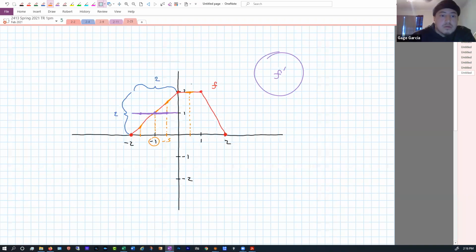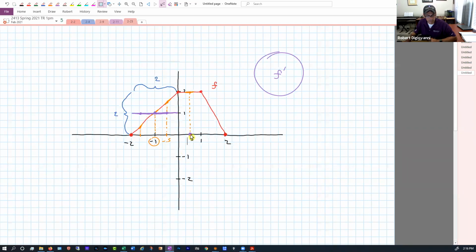Okay, what is the slope of a flat line? Just that number it's at? No, if you have a line that pitches up, it's positive, right? If it pitches down, it's negative. But what about if it's flat? 0. 0, right? So that means that the derivative at that point needs to be 0. So I'm going to put the derivative right here at 0.